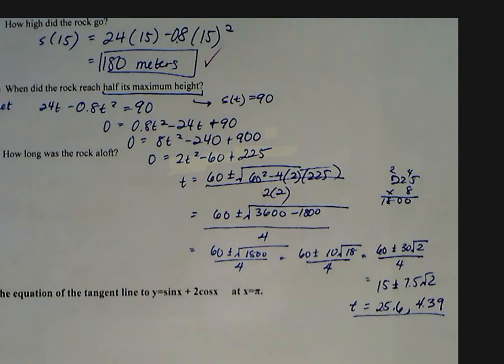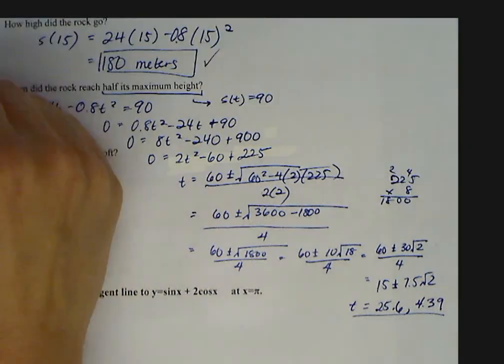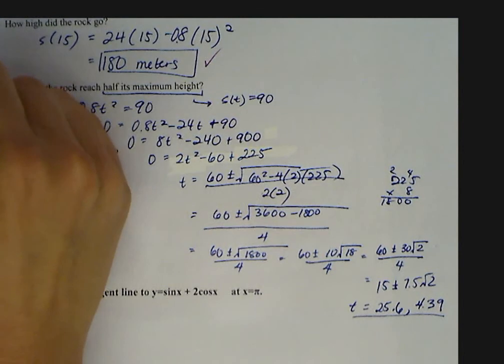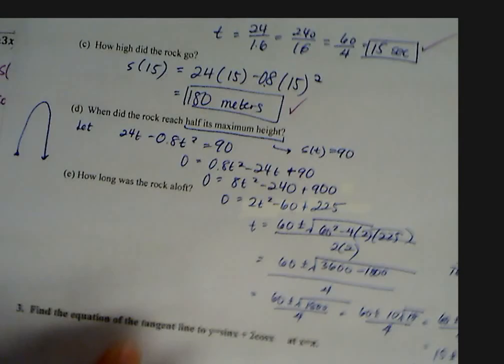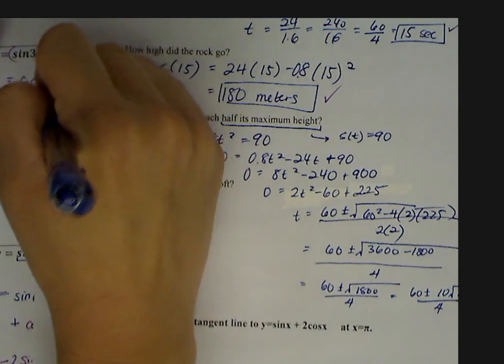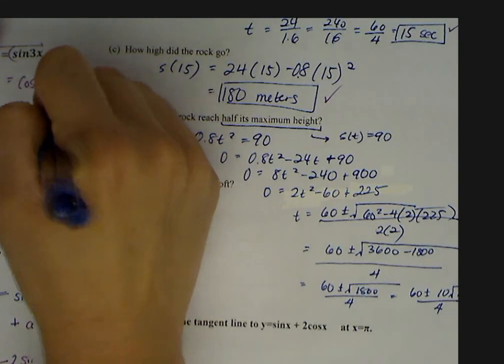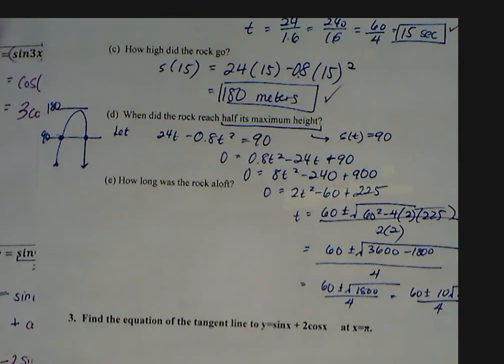Yeah, because it went up and it reached 90, and then went down and it reached 90. It went all the way up to 180, but it went up to 90 twice, right? So there should be 2 answers.